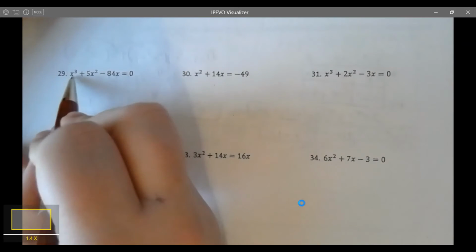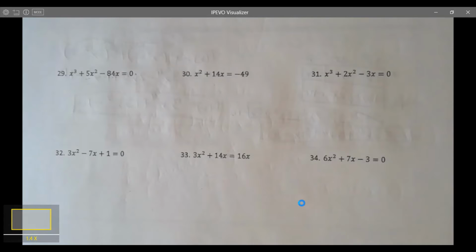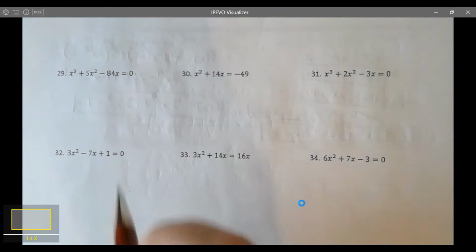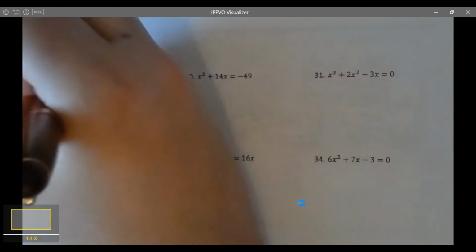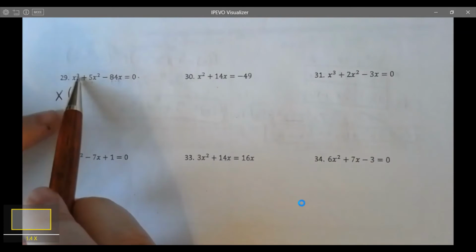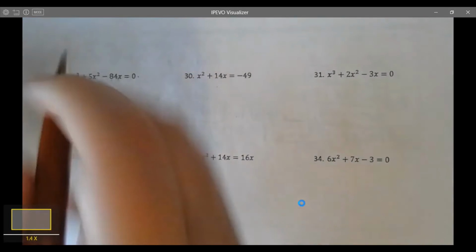So x cubed plus 5x squared minus 84x equals 0. Notice each of these has an x in it, so I'm going to factor out an x. I could divide x cubed by x, so I'm just going to lower the 3 by 1, since I only took one x out.